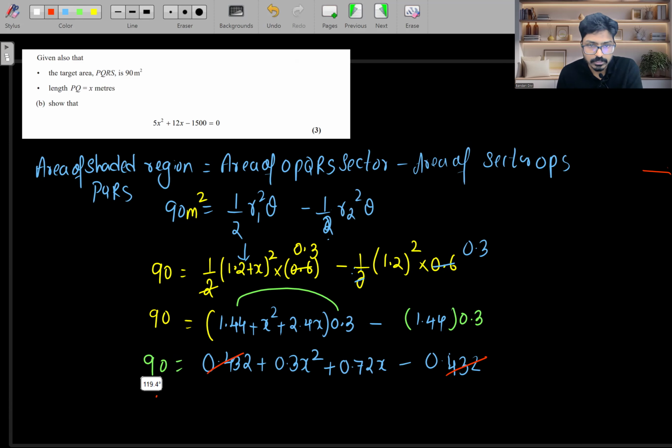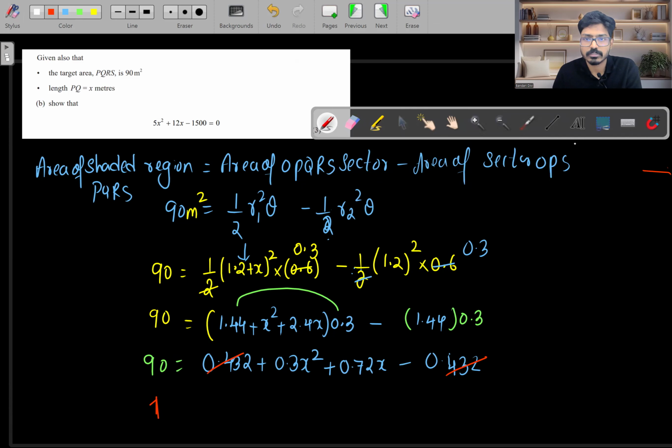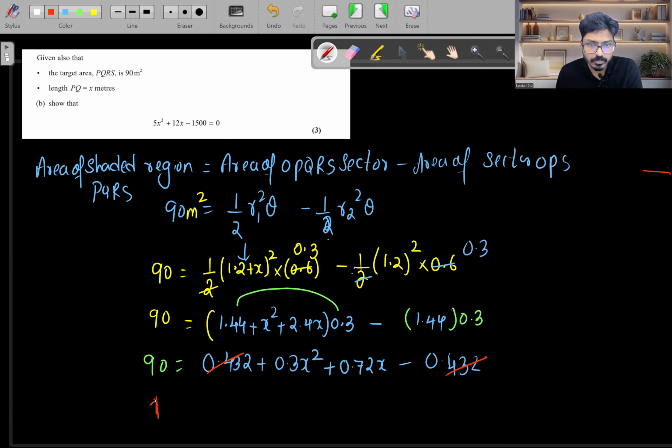So I would be left with 90 equivalent to 0.3x squared plus 0.72x.